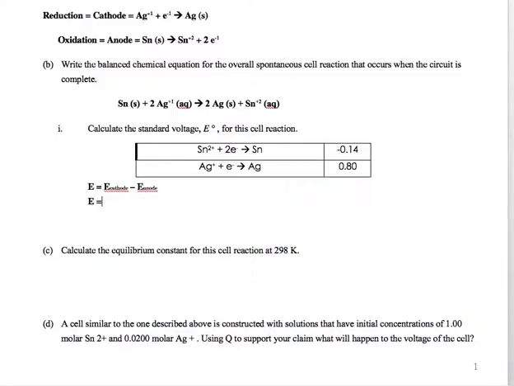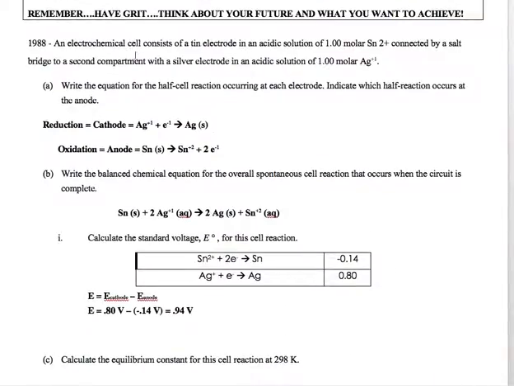We do 0.80 for the cathode minus negative 0.14, and we should get positive 0.94 volts. A couple of things to notice here. Even though we multiplied the silver by 2 to balance it, you do not do that to the standard voltage. It's an intrinsic property, so even if you need twice as much of something, the voltage doesn't change.